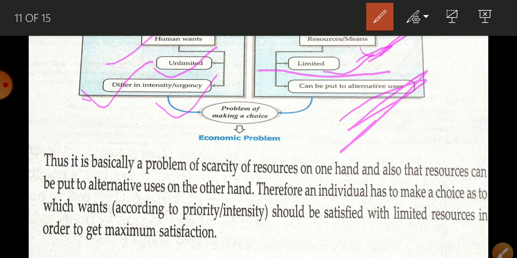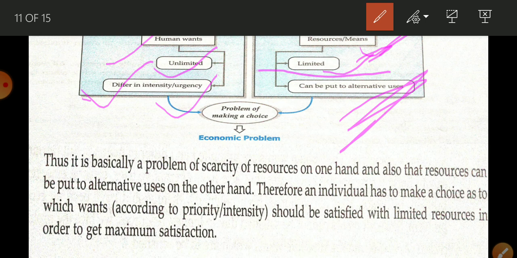If you want to study first, you are going to switch off your TV. Suppose there are too many power cuts and the inverter does not have that much backup, so you have to decide whether you want to run the TV or study.